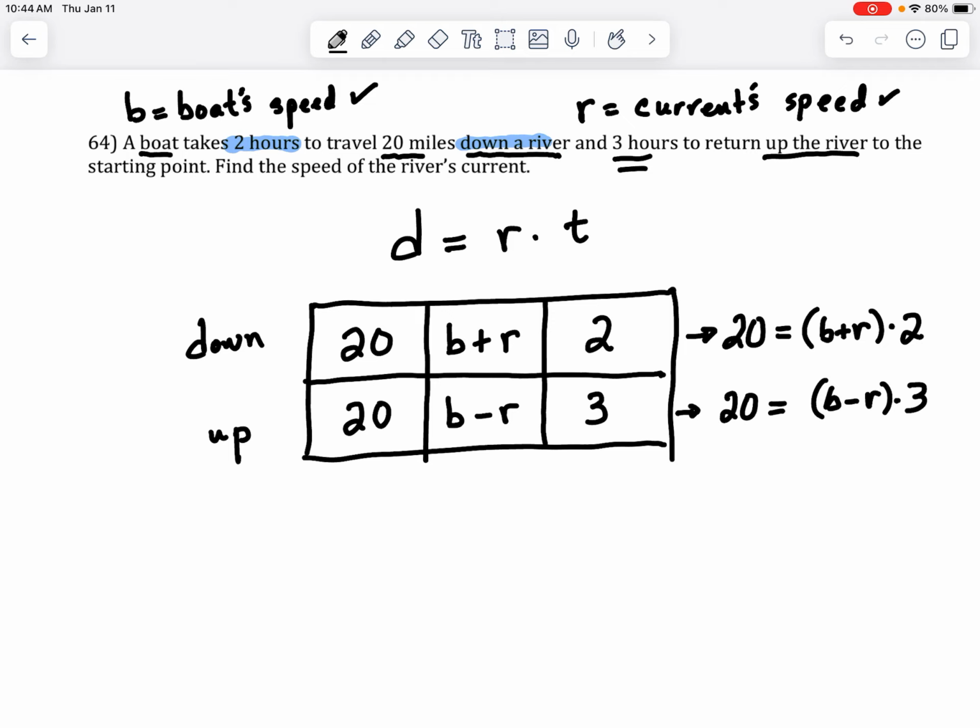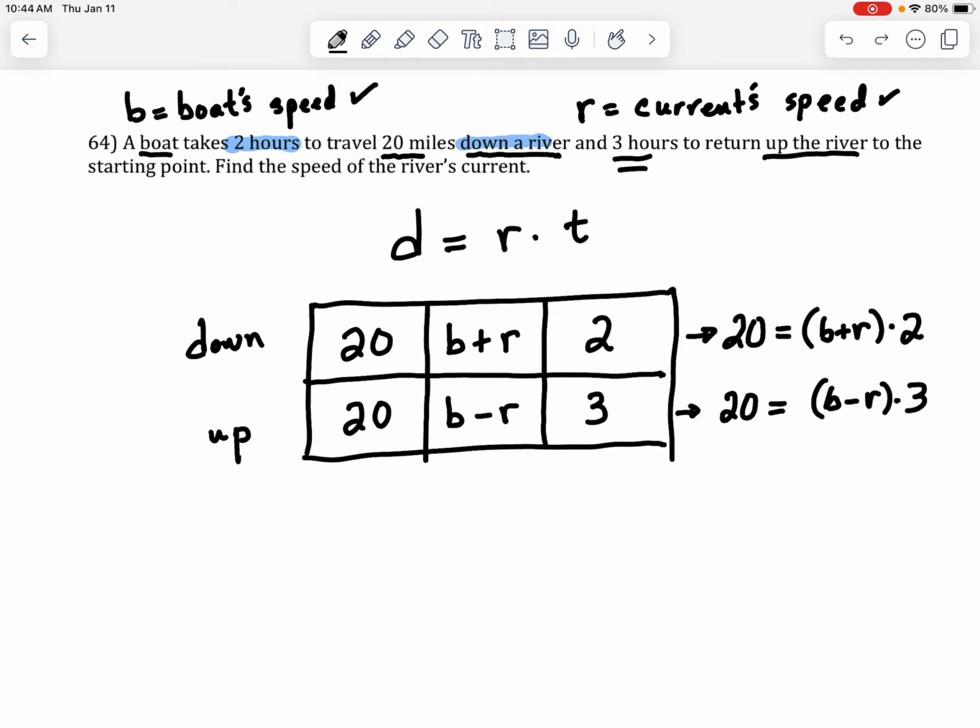And now we have two equations, and since they both are equal to 20, I can set them equal to each other, or I can set it up as two equations. The thing is, if I set them equal to each other, then I only have one equation and two variables. So I really do need to have two equations and two variables.